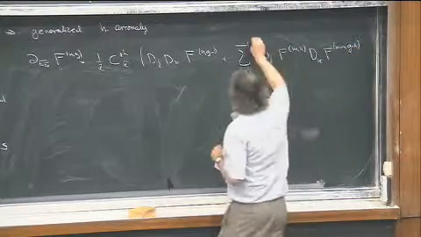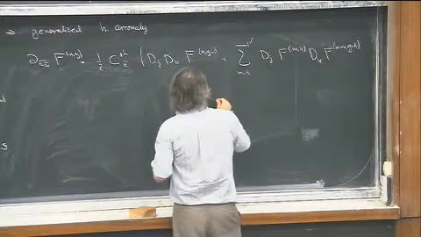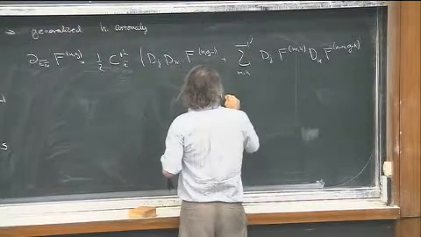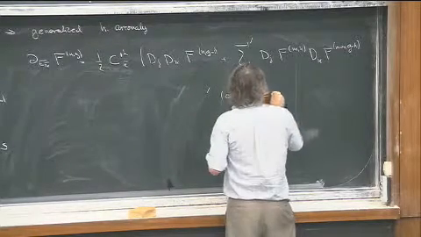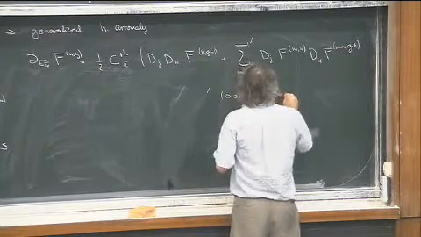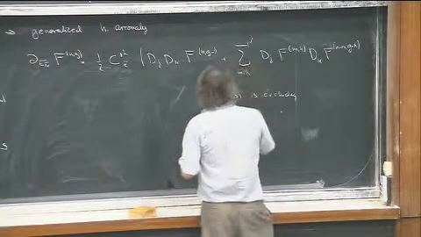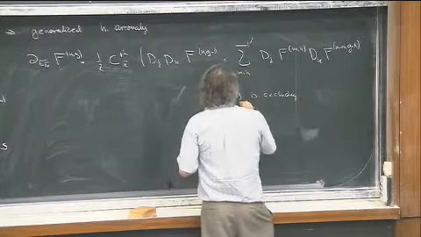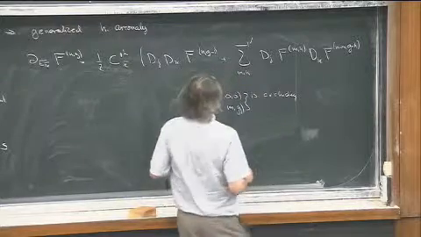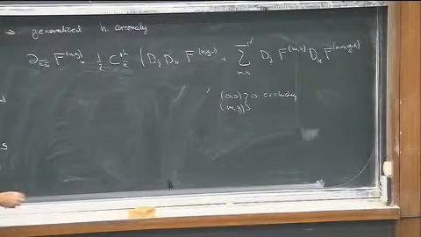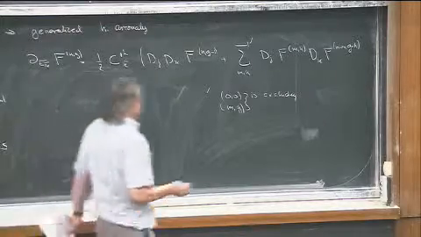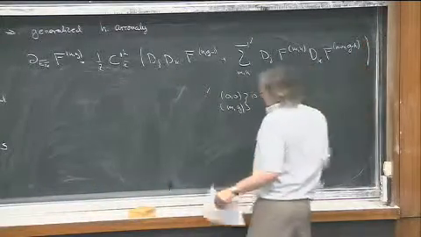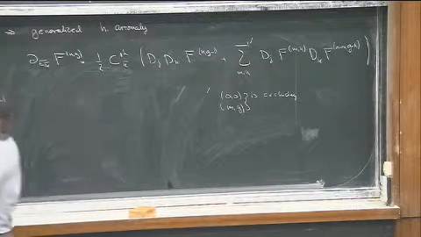And here's a prime, which means you don't sum over 0; 0 is excluded, and also m g is excluded. Both of them are excluded in the sum, the highest and the lowest. And that is actually the most important equation. So this is the generalized holomorphic anomaly equation.